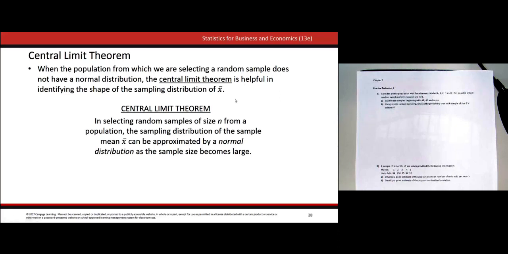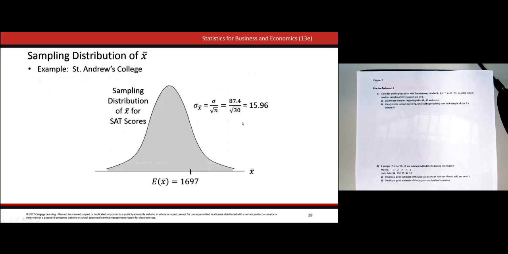And how large? Usually, a sample size of 30 or more is enough for normal approximation. But if your population is really skewed, like exponential, then you need to increase the sample size. But for most applications, 30 is good enough for the normal approximation.